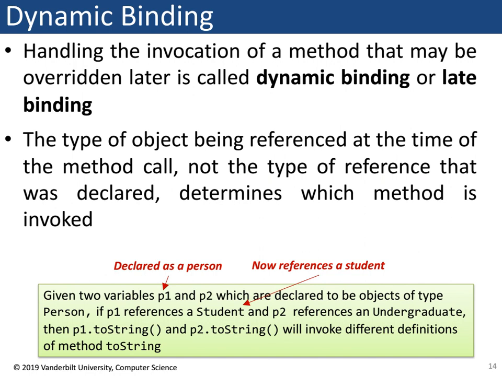Even though P was declared as type person, if we assign it a reference to a student object, then when we call p.toString, it's going to use the toString method definition in the student class, because the actual object which is assigned to P is of type student.